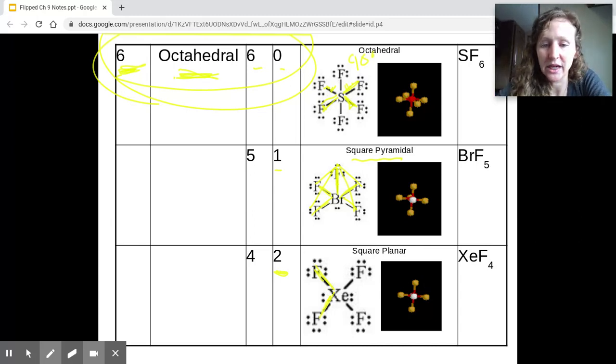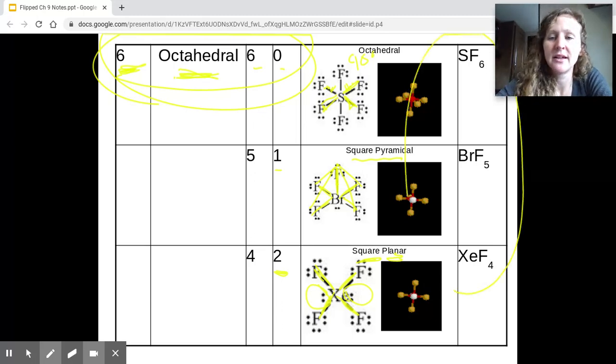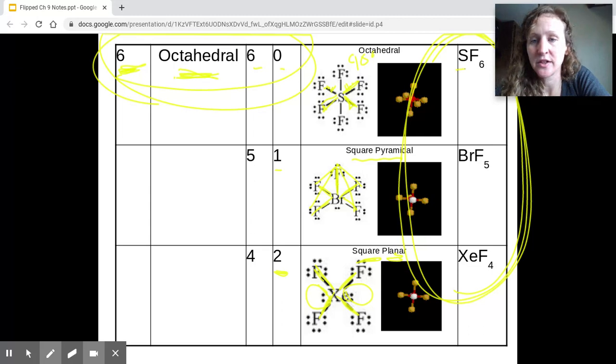So you just have the 4 in a plane around the center, and it becomes square planar because they are forced into the plane by these 2 lone pairs. And then notice again, all of these are going to have an expanded octet. Sulfur, bromine, xenon, they're all going to be your central atom, and they're all supporting more than 8 electrons.